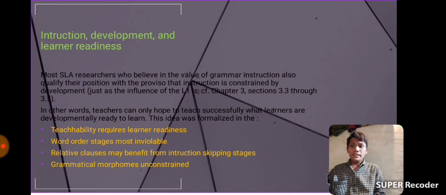In other words, teachers can only hope to teach successfully what learners are developmentally ready to learn. This idea was formalized in 4 types.